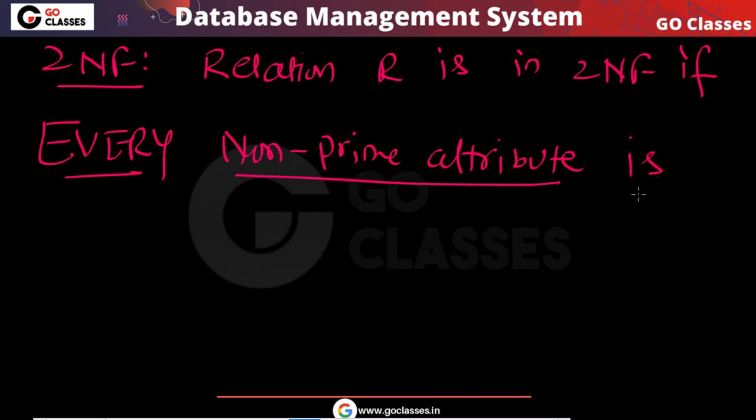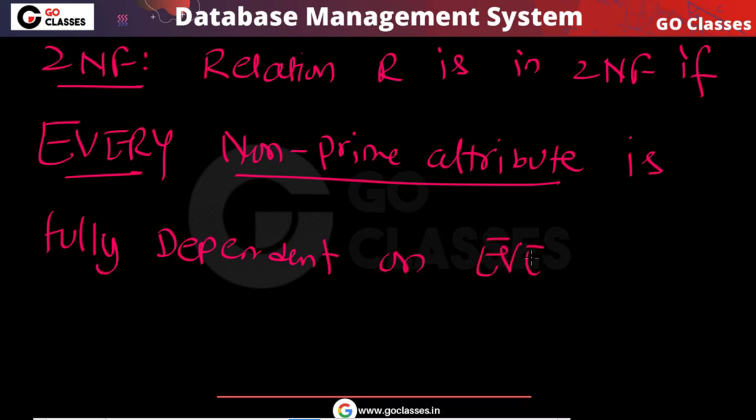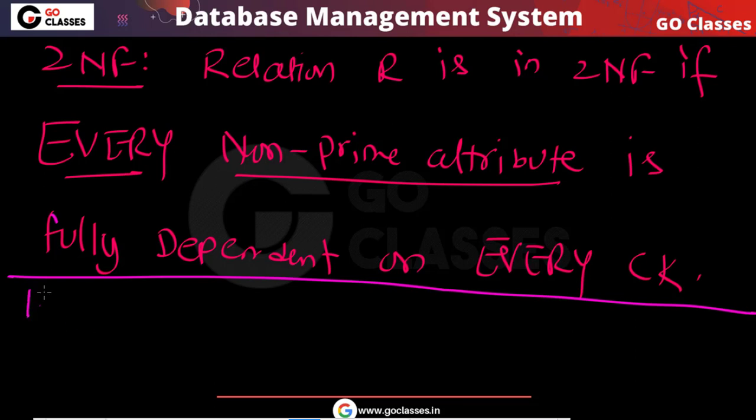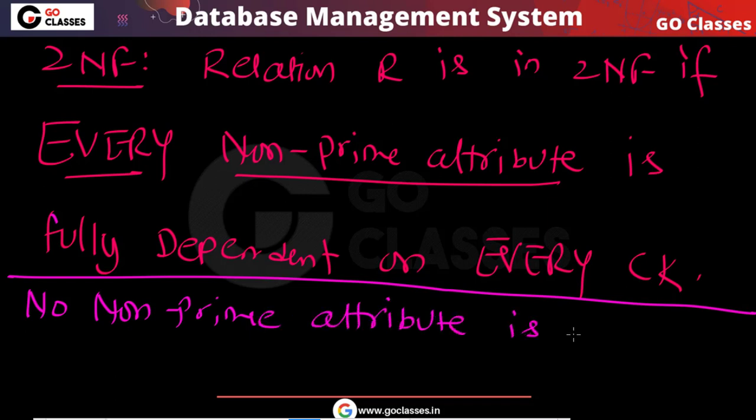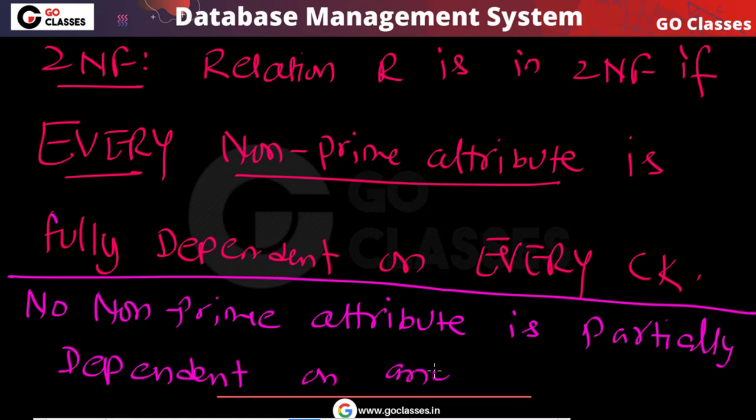I can also say the same statement this way: no non-prime attribute is partially dependent on any candidate key. So this is the definition of 2NF.